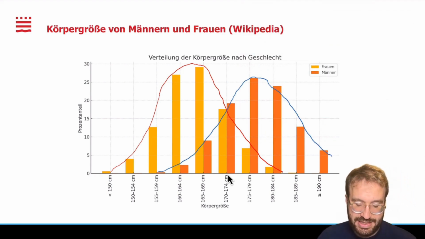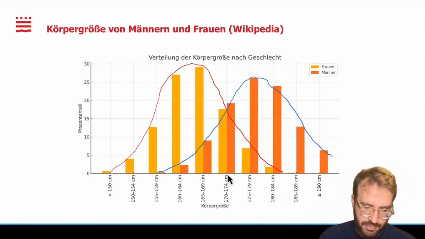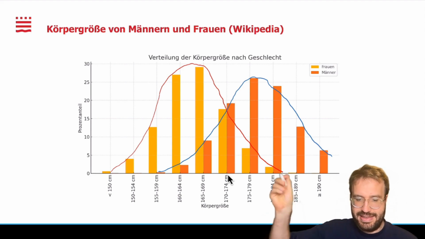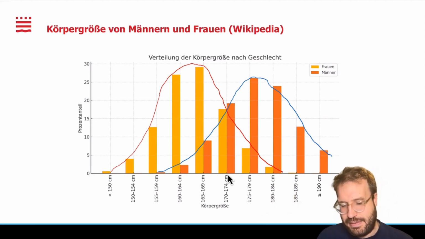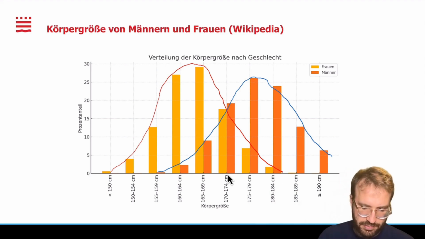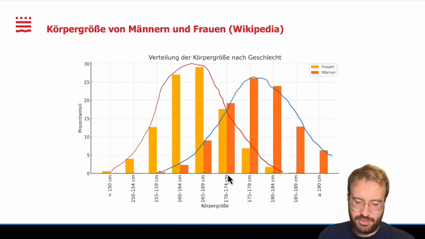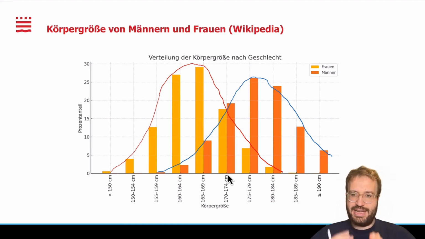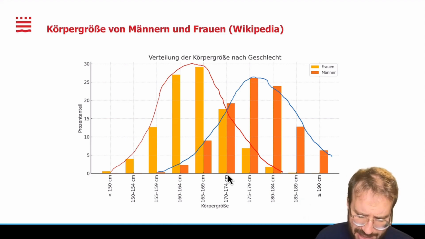So what we see is that's why it's called the bell curve. There's a peak, and around the peak it's approximately symmetrical. We see that it's not exactly the case, but it does trend towards being symmetrical, and it flattens out as we move towards the edges.